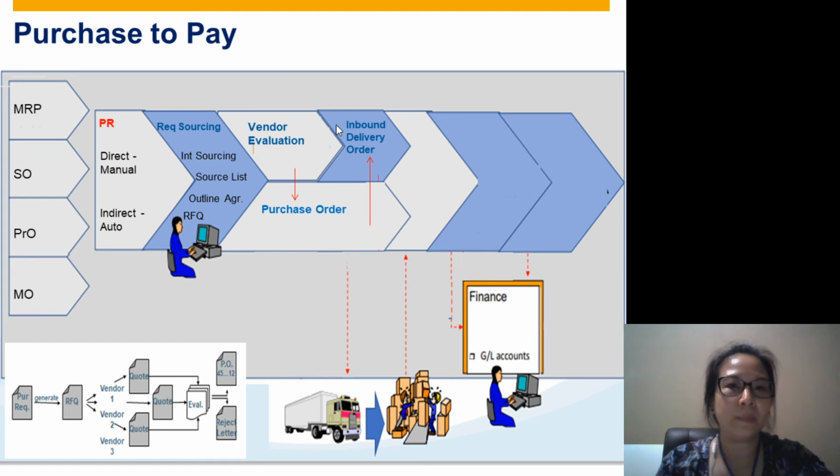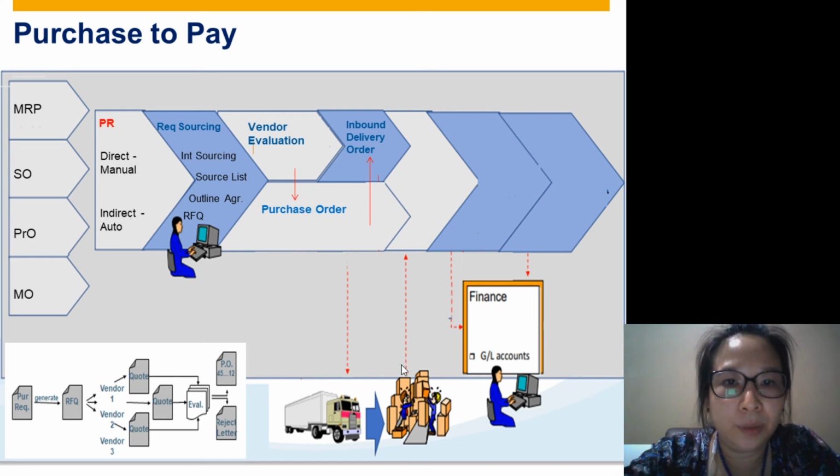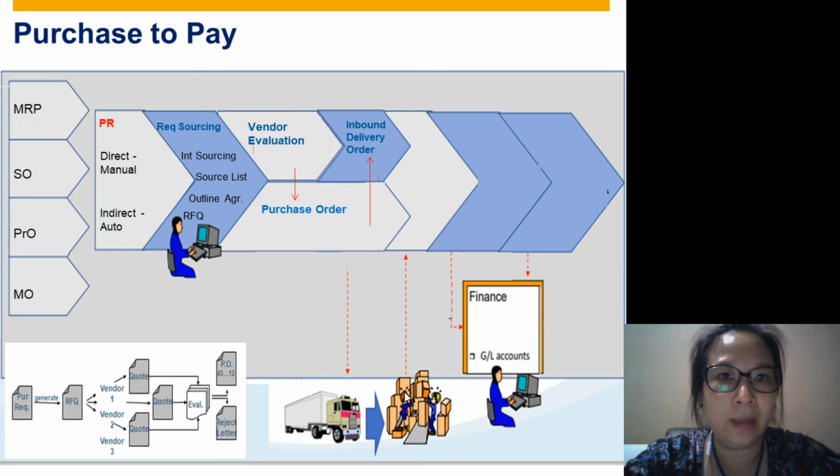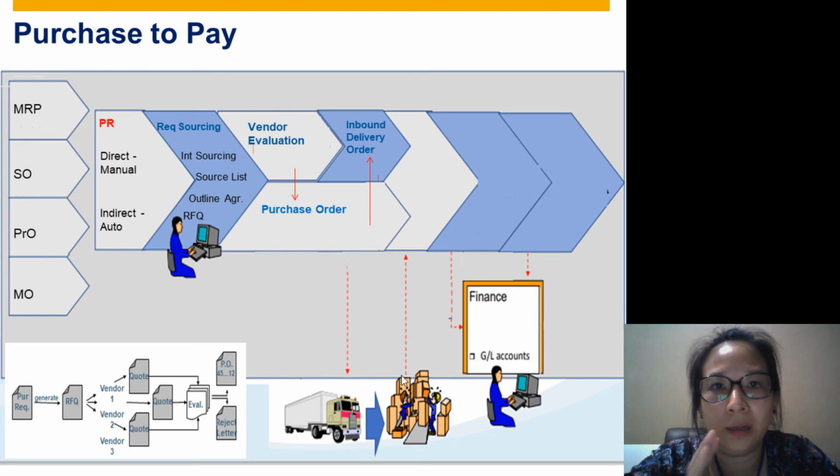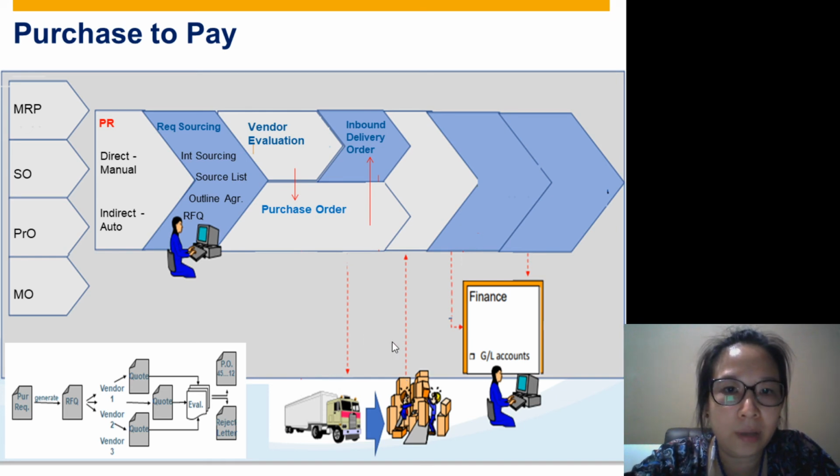Okay, and then after the goods come into our warehouse, our stock is not yet added, right? The stock is not yet increased, because basically the goods are still just in the receiving area, not yet stored in our warehouse.